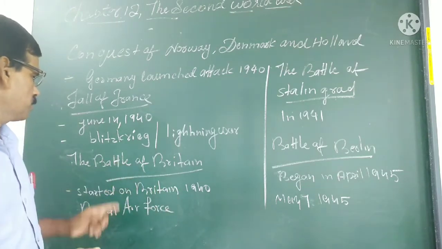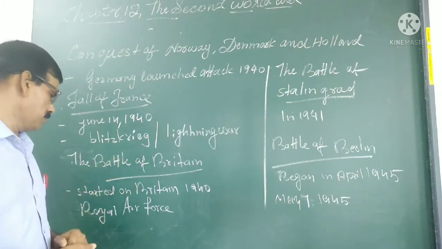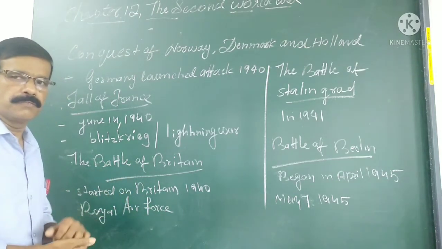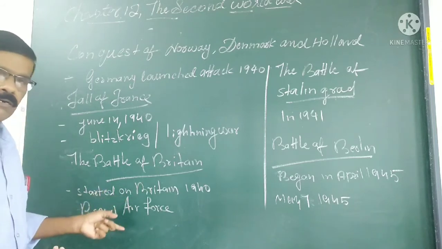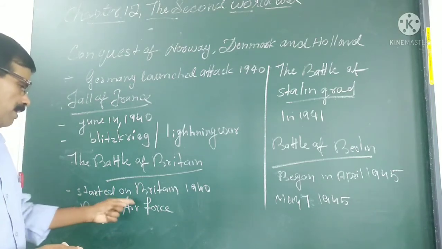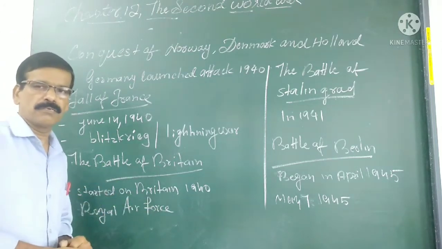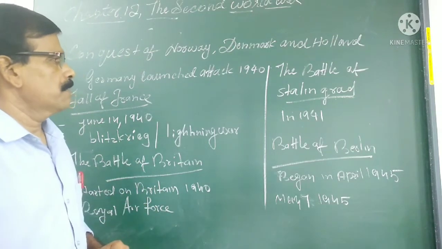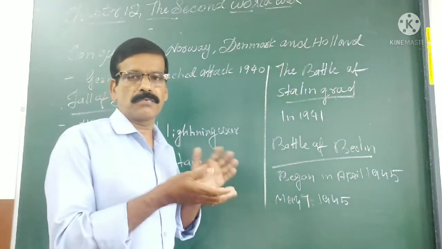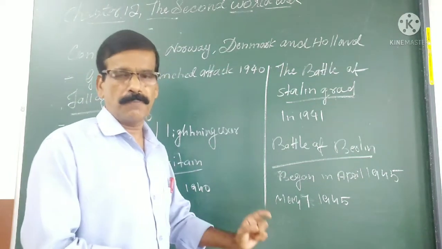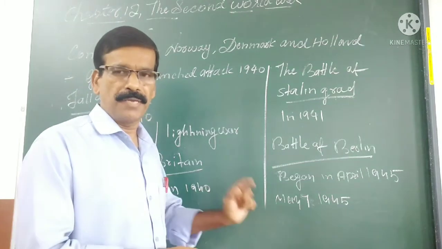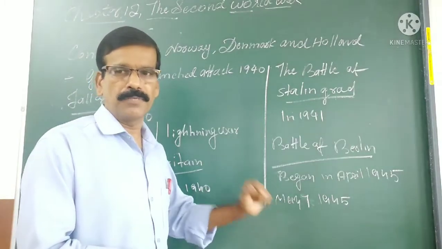After that, Germany turned to Britain and started bombing Britain, and the British Royal Air Force retaliated, giving a beating reply to Germany. But one of the greatest mistakes on the part of Hitler was that he violated the peace treaty that he had made with Russia.